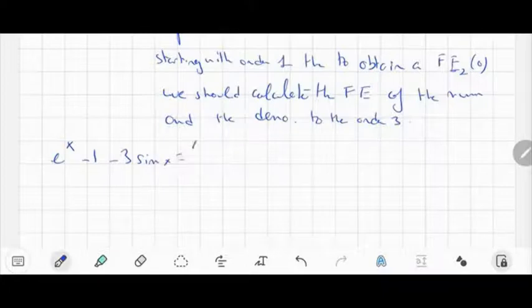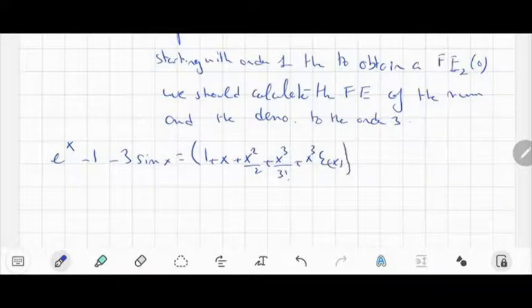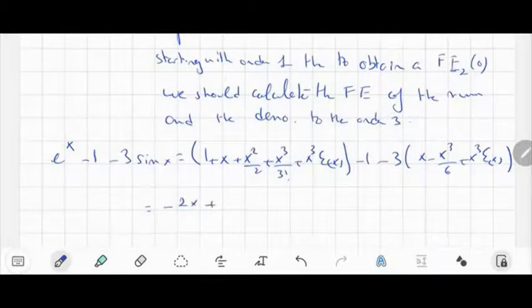So we say it's equal to 1 plus x plus x^2 over 2 plus x^3 over factorial 3 plus x^3 epsilon of x, minus 1, minus 3 times (x minus x^3 over 6 plus x^3 epsilon of x), which is equal to minus 2x plus x^2 over 2 plus 2 over 3 x^3 plus x^3 epsilon of x.